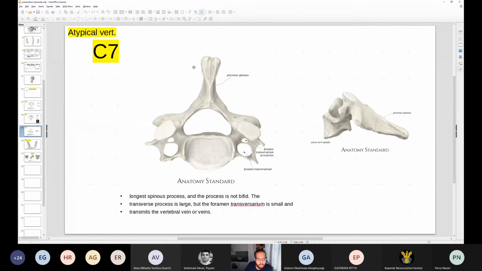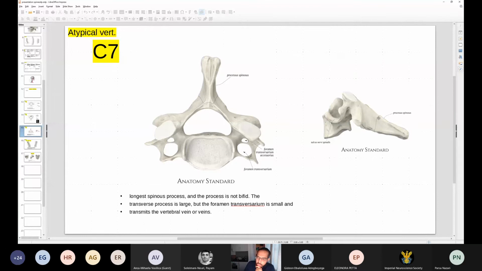So we'll talk about C7 as well. It's one of the atypical vertebrae, and it's now started to look a bit more typical, right, compared to C1 and C2. So we can clearly see a body, laminae and pedicles, and transverse processes, and you can see a spine here, or a spinous process.